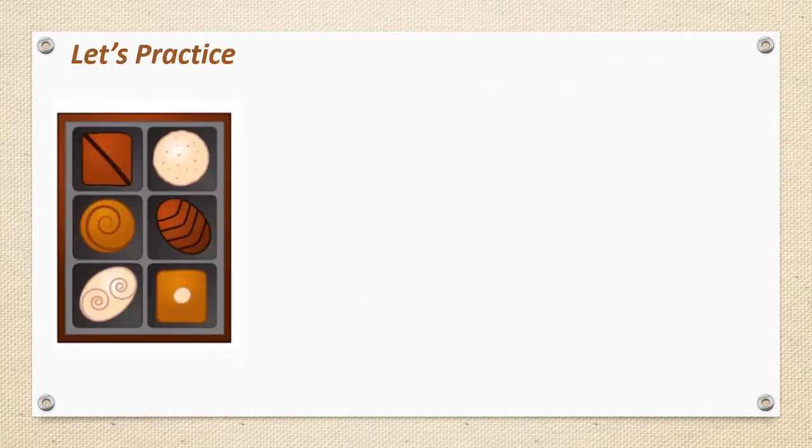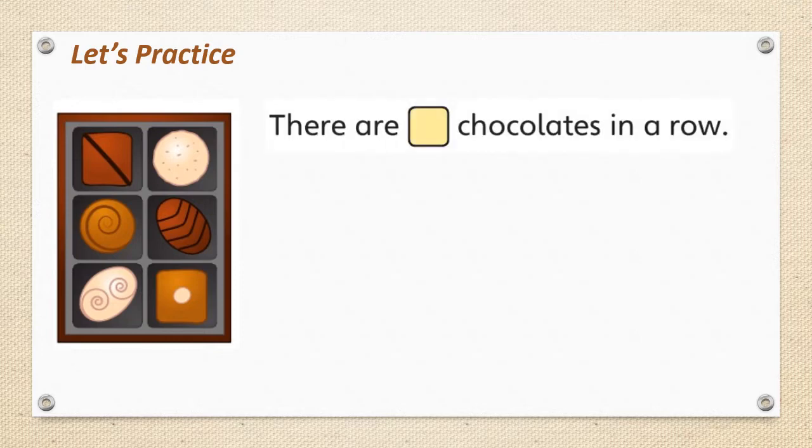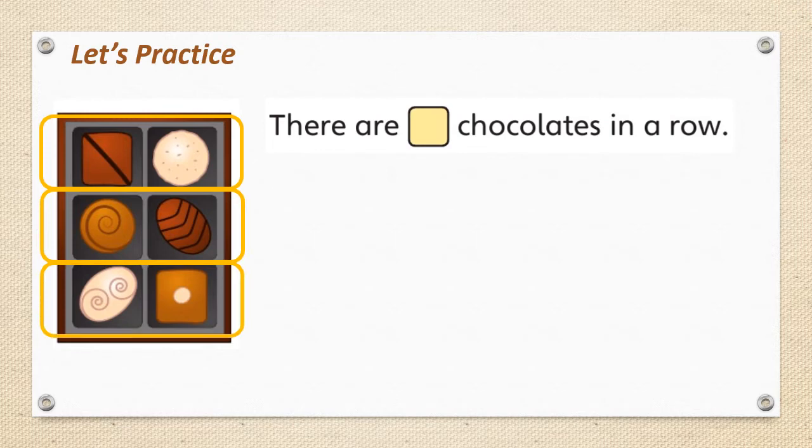Let's practice now. Look at the box of chocolates. There are dash chocolates in a row. First, let's check the rows. 1, 2, 3. We can see 2 chocolates in each row. So my answer is 2.